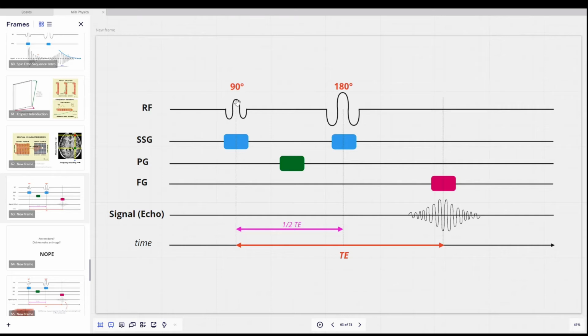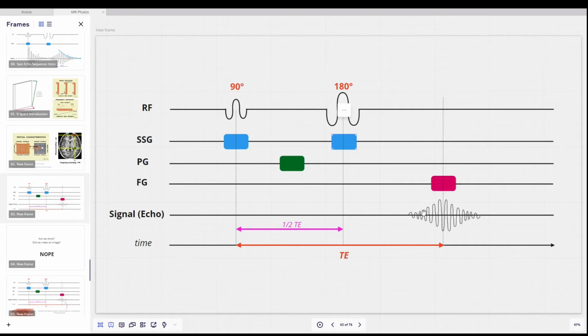Just know that the first thing you do is you select your slice, right? After you select your slice, you can do whatever you want. So the first thing that we do here is we apply our phase encoding gradient. And we just talked about what that is. And then at some time, we apply a 180-degree RF pulse along with our slice select gradient again, so we're only working on the slice. We generate our echo with that.